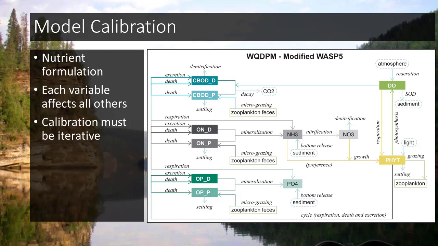So as nitrogen is consumed, it'll affect the rate of consumption of phosphorus. You have grazing going on, which will remove dissolved constituents. You have all of these processes, and every time a coefficient is changed somewhere along here, it changes everything else on the page. So this is why you need to do lots of iterations.